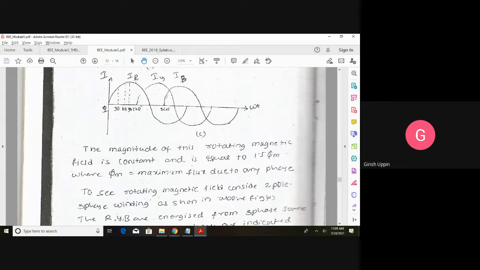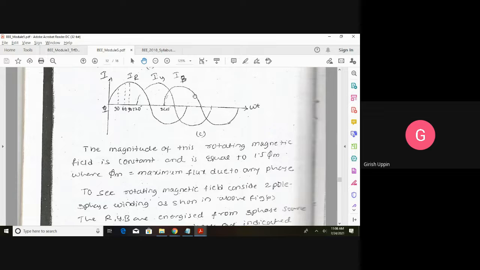And what would be the magnetic field produced by these currents? Phi R is equal to phi m sin omega t, phi Y is equal to phi m sin(omega t minus 120 degrees), and phi B is equal to phi m sin(omega t minus 240 degrees). That is the flux created by the individual currents.